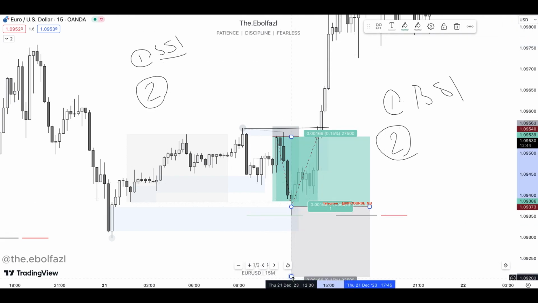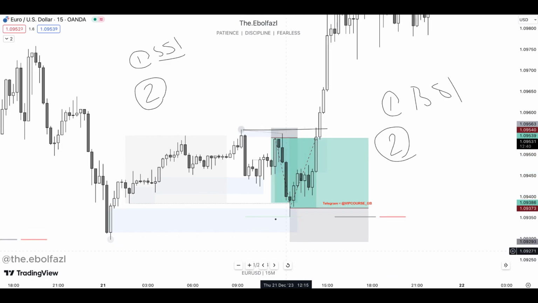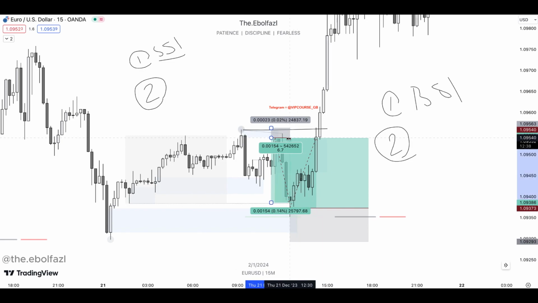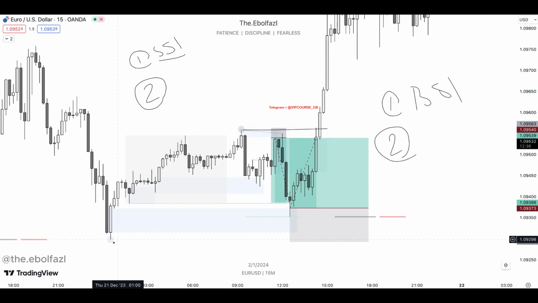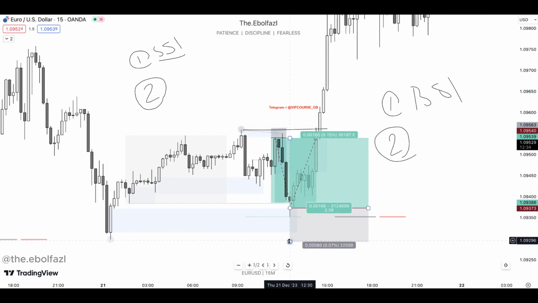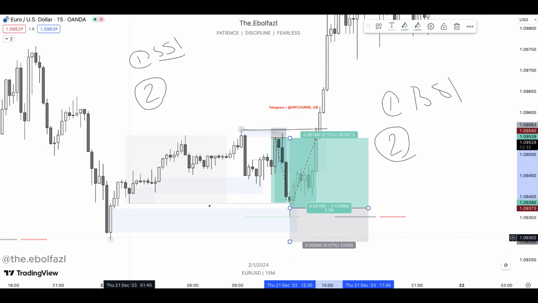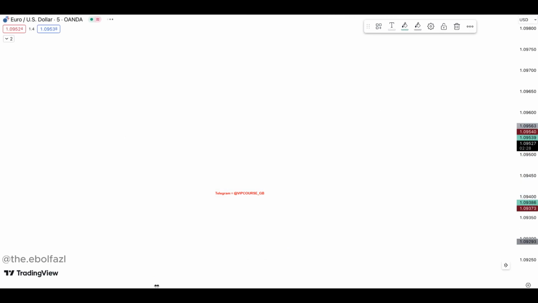So let's say we want to take a direct entry. So for more confirmation, we're going to put our stop loss below this. Let me just look for the MPR here. I don't want to miss this data.